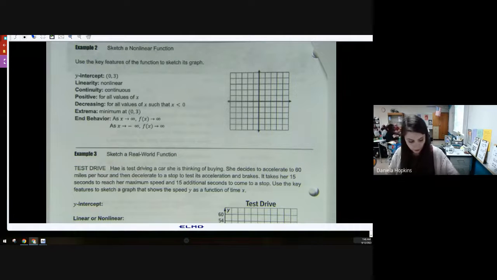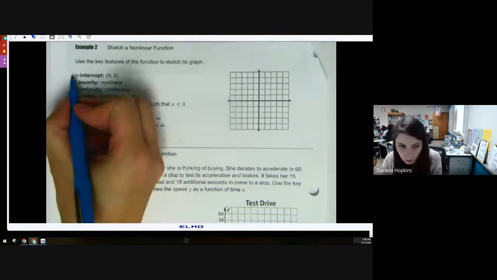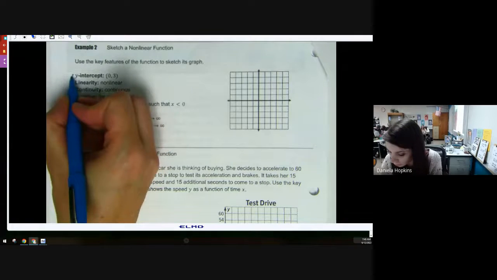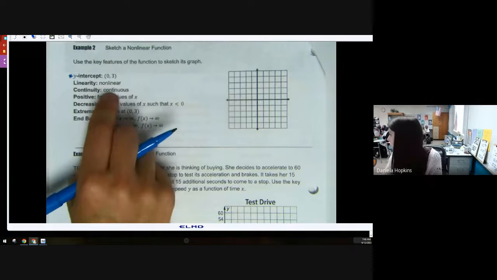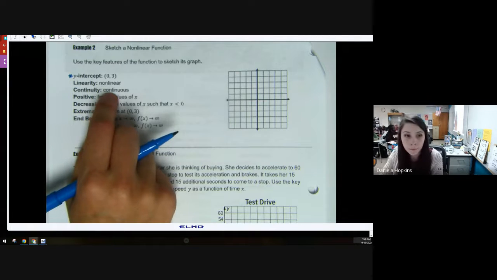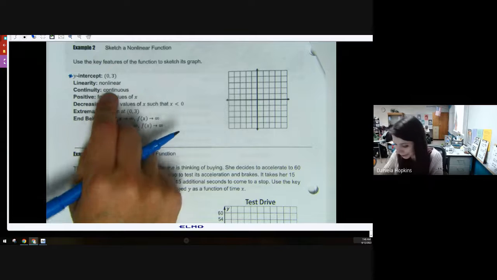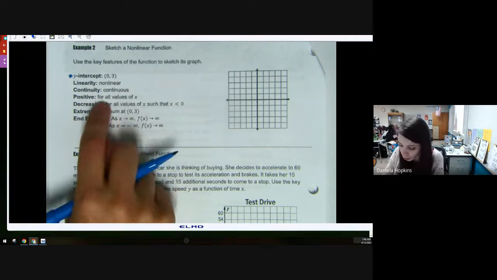So what we do have here, we have our y-intercept. Always start with your y-intercepts if possible. I know that this is nonlinear. The fact that it's continuous, again, if I were to be a really mean teacher and give you something discrete or discontinuous, that'd be awful. It should be continuous. Positive for all values of x.